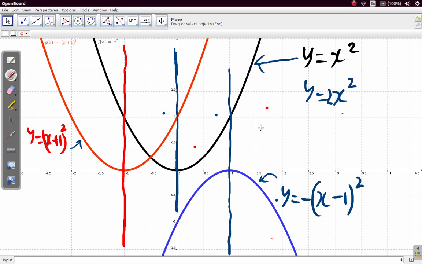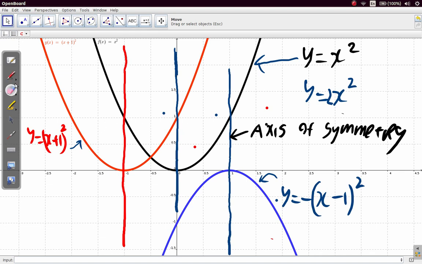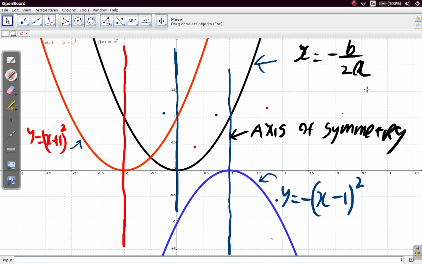So they are called axes of symmetry. So this line is an axis of symmetry. Now the general equation of the axis of symmetry is x equals negative b over 2a. That's the general equation of the axis of symmetry.